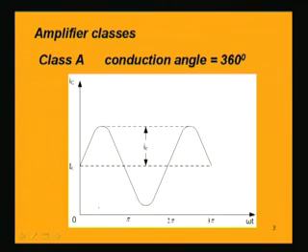That is why we can see that the collector current is flowing for the whole cycle from 0 to 360 degree, and that is because the DC collector current, or the quiescent collector current, is positioned in a very proper way, so that during the operation at no time does the collector current go to saturation or cutoff.